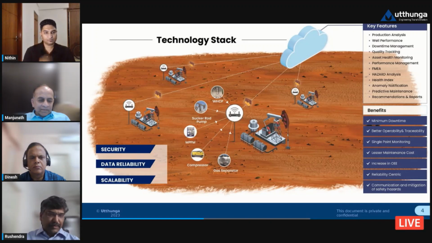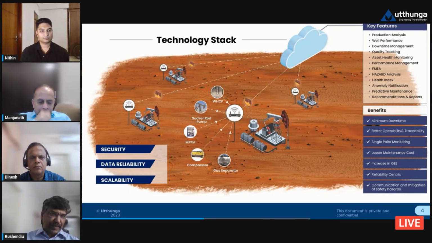On the other hand, we also need to pay attention to the costs that are involved in transporting the data and the kind of storage that is required at the edge. So what we have done is a comprehensive data management. We don't send the whole data onto the cloud.